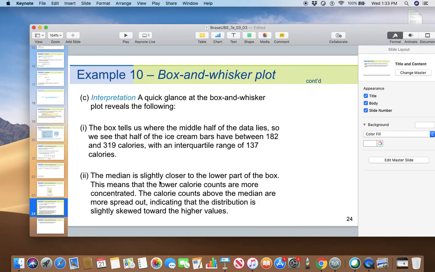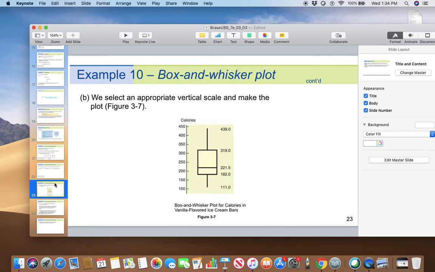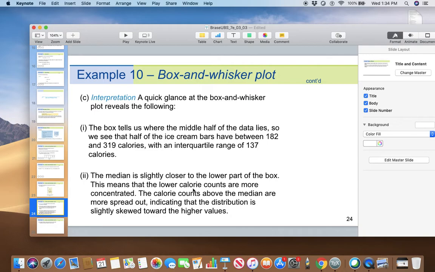The median is slightly closer to the lower part of the box. This means that lower calorie counts are more concentrated. So you see, the median is closer here, so that means there is more data here. In other words, lower calorie counts are more concentrated.